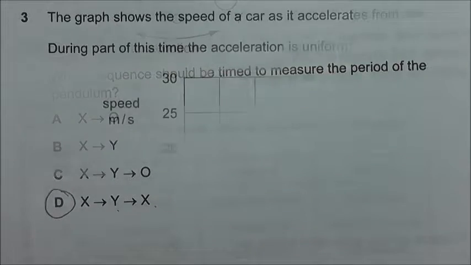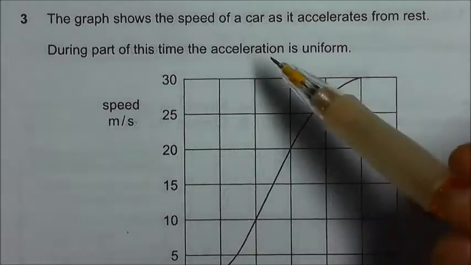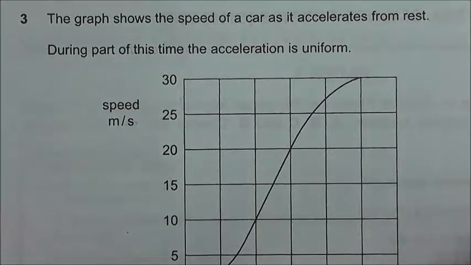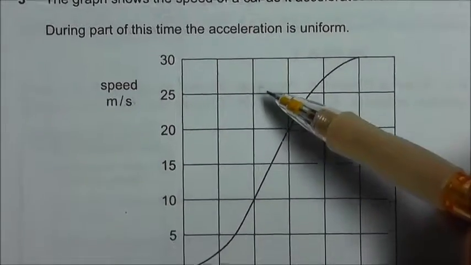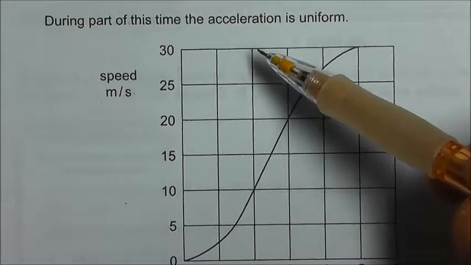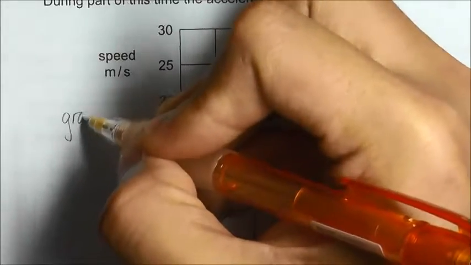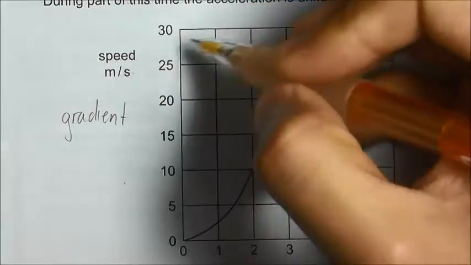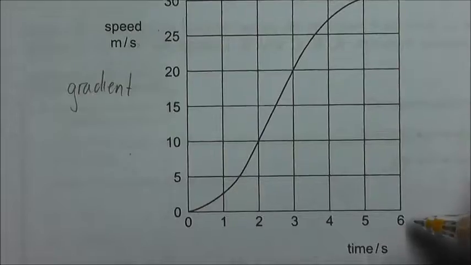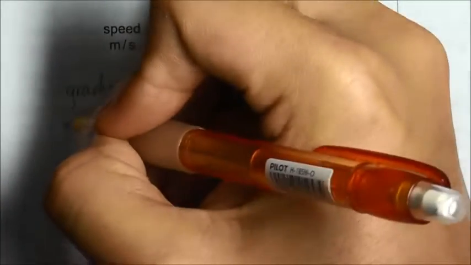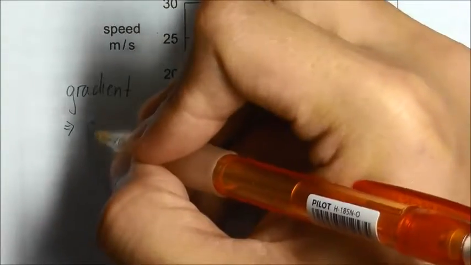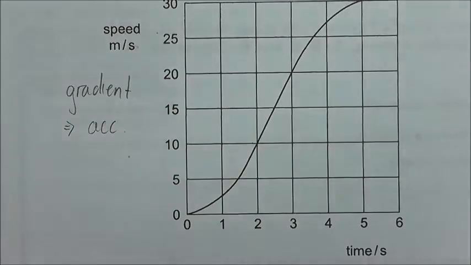D. We are given the speed time graph of a car here, and we would like to look at the acceleration. First of all, we must understand that the gradient of this speed time graph is equivalent to the acceleration.